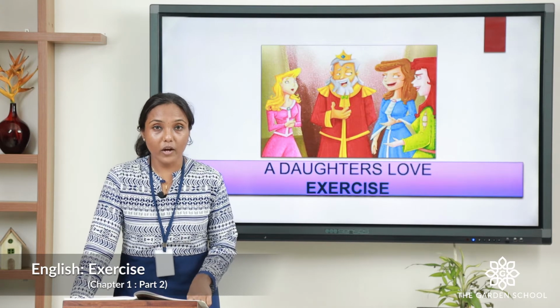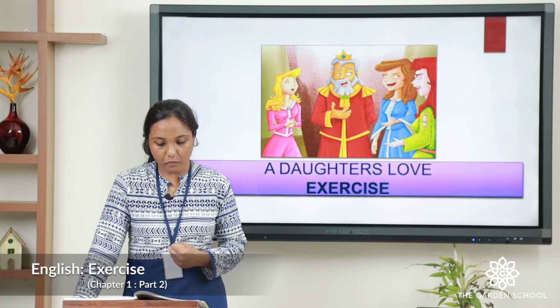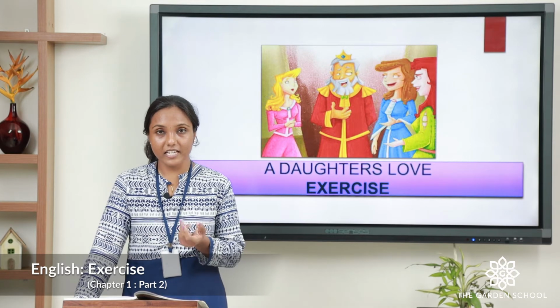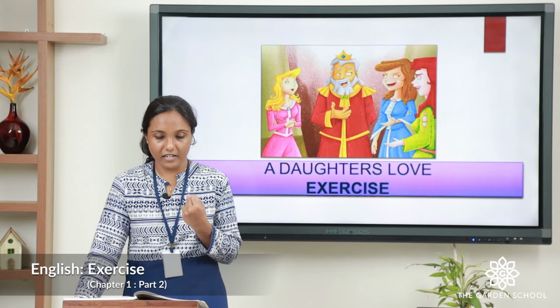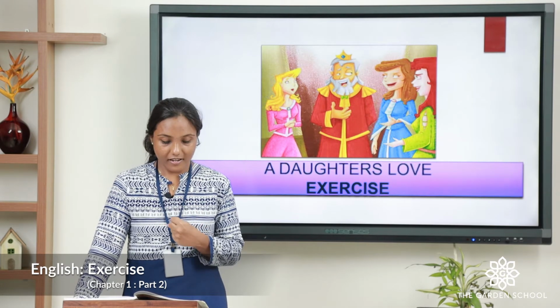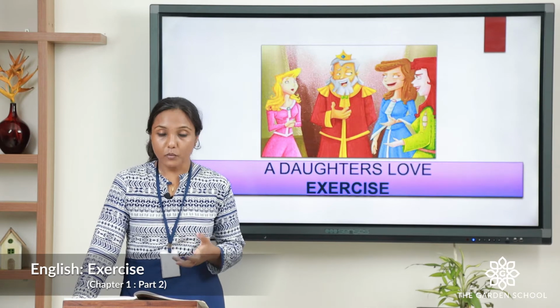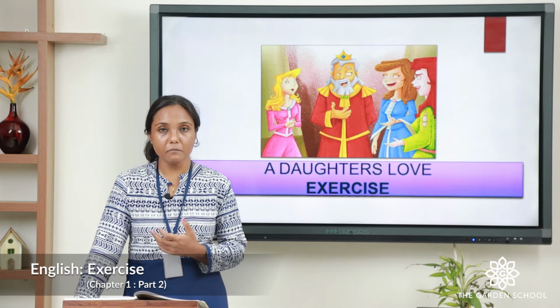Now, the seventh one: My father bought some new seeds for my flower garden. Again it is very simple. My father is the subject and bought some new seeds for my flower garden is the predicate. Last one: Meeta went to the market with her mother. Meeta is the subject here and went to the market with her mother is the predicate.